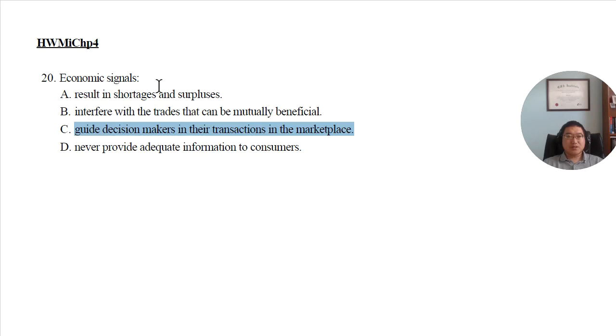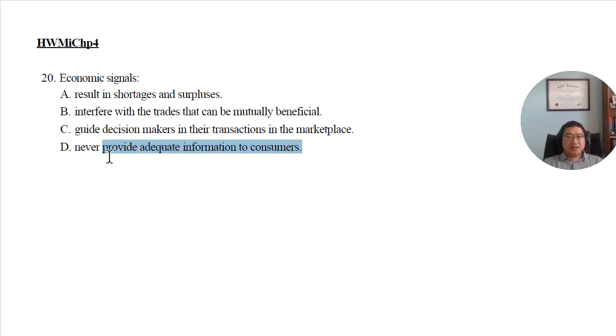The economic signals let the decision makers make decentralized decisions, their own decisions, and the transactions will be mutually beneficial. So C has no problem. B, there's no interference. A, the economic signals will make the shortages or surpluses disappear. Just to be clear.